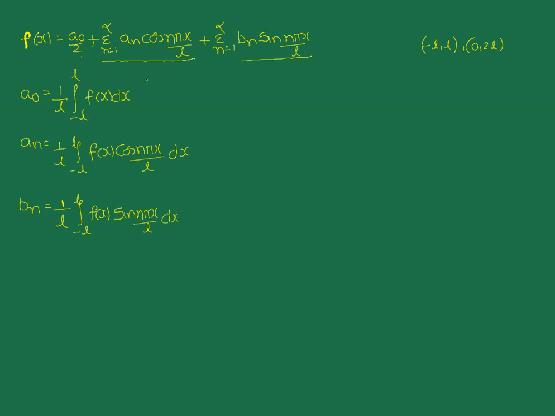So this is the Fourier series expansion: f of x is equal to this much, where a naught is this formula, an is this formula, and bn is this formula, when the interval given is minus l to l.